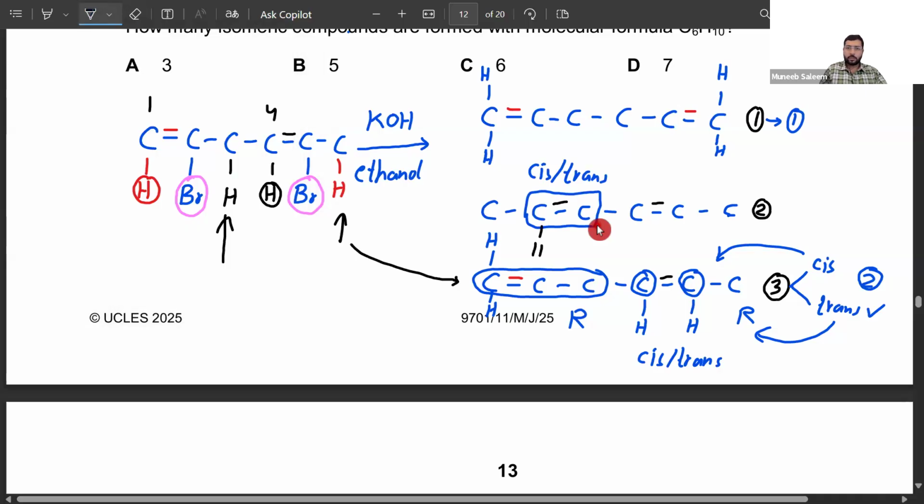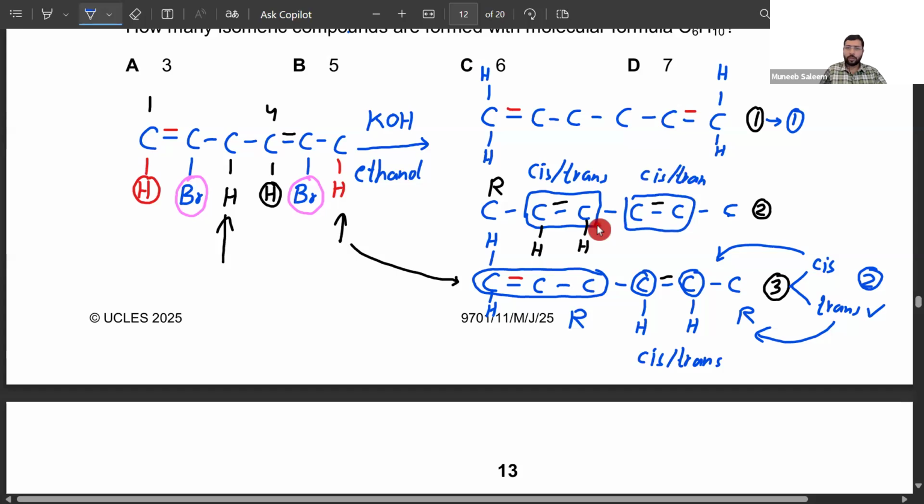There is a hydrogen atom on this carbon, this hydrogen atom on this carbon, and this one is the alkyl group for the left carbon, and this whole is the alkyl group for the right carbon of the double bond. So in this way, we have cis-trans coming from these two carbon atoms, and similarly, we have the cis-trans in the right double bonded carbon atom as well. So cis-trans is also coming from here as well.